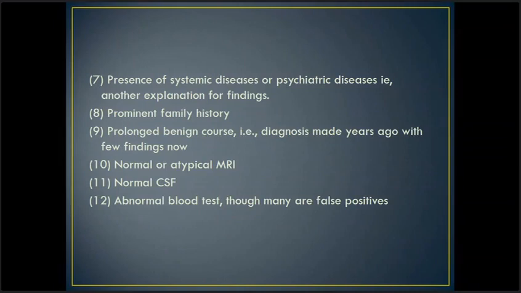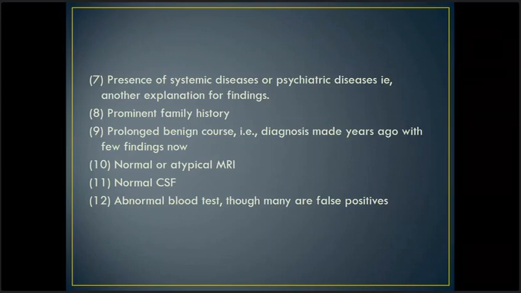organic and psychiatric, if there is a prominent family history, although sometimes multiple sclerosis will be familial because they live in the same environment, but prominent family history makes us shift our mind toward hereditary disease rather than autoimmune disease. Prolonged benign course, normal or atypical MRI.